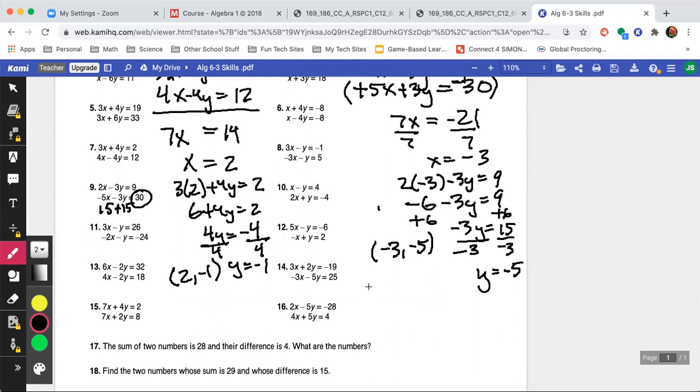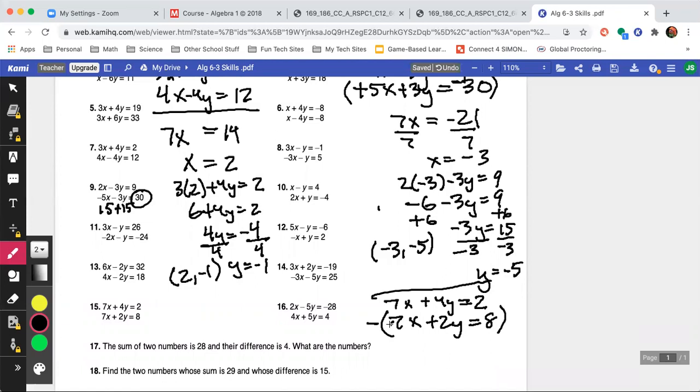Let's do number 15, okay? So number 15, my 7x's are the same, right? I've got 7x plus 4y equals 2, and I've got 7x plus 2y equals 8. So I'm going to make this bottom one, I'm going to apply this negative sign to everything in there.